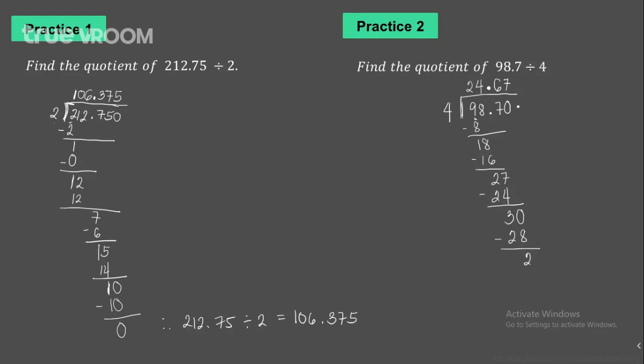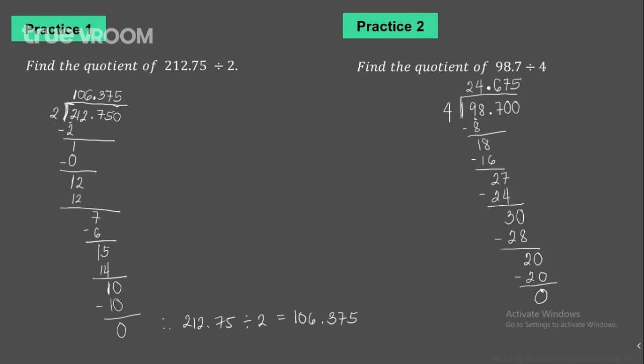So we need to add another 0. Bring down 0. So 20 divided by 4 is 5. What is 5 times 4? 20. Now 20 minus 20 is 0.